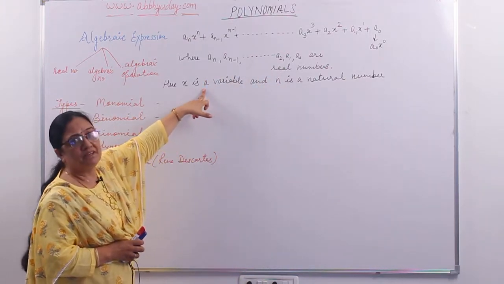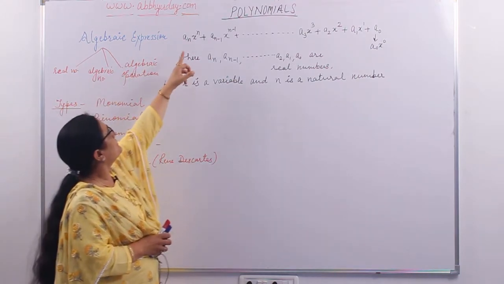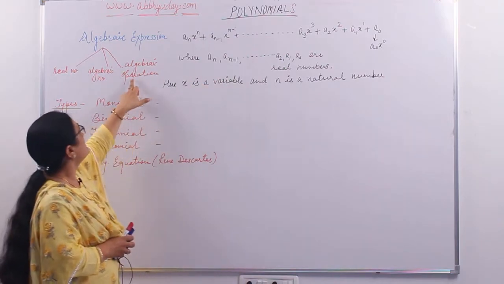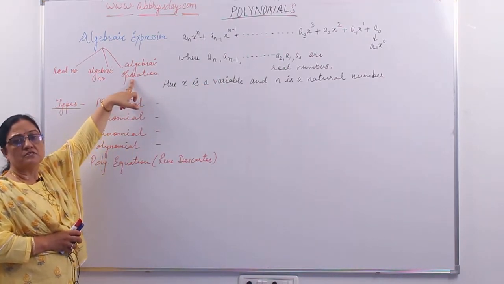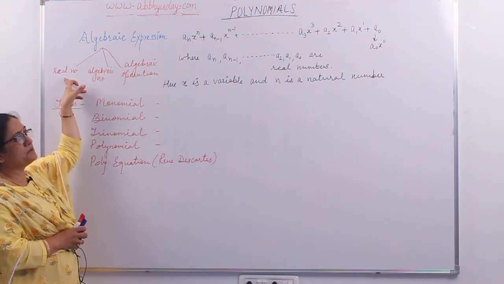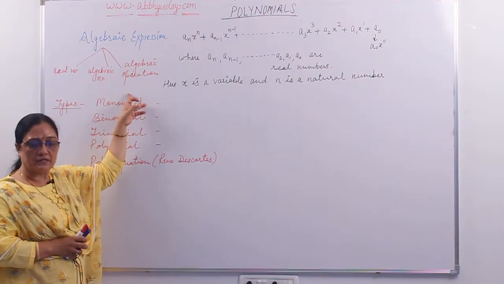The variable means algebraic number, and in between the terms you have seen the plus sign, which is the algebraic operation. So an algebraic expression is a combination of real numbers, algebraic numbers and the algebraic operations.